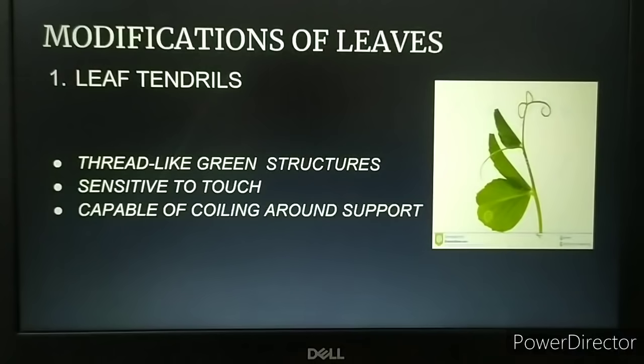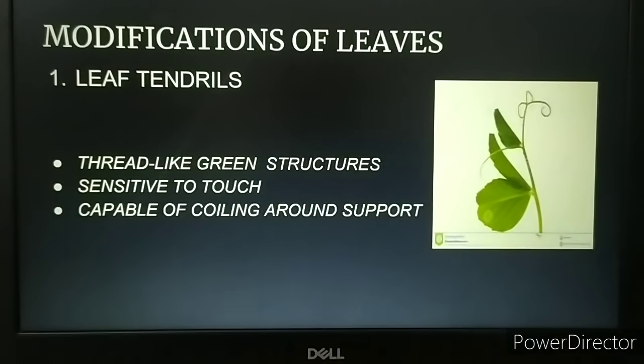Modification means a structural change due to functional needs. It is a change usually to make things work better. So, the first modification we are going to discuss today is known as leaf tendril.